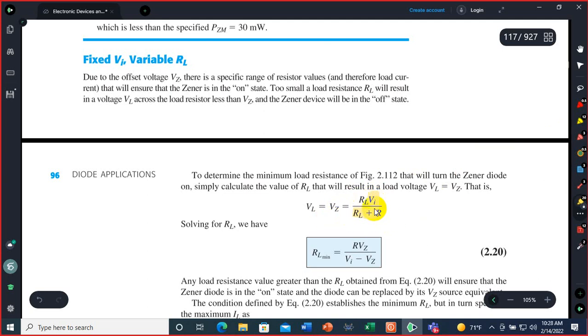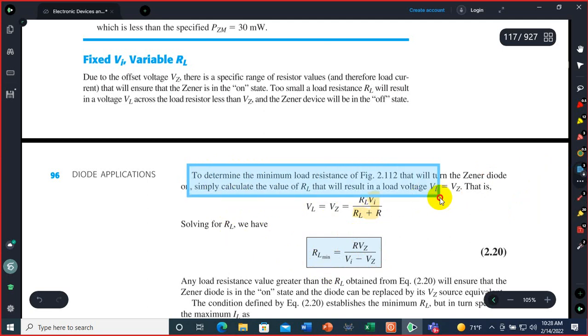So this is the I and R. Solving for RL, we find the minimum value of RL equal to R VZ divided by Vi minus VZ. That's the situation you can consider to calculate the minimum safe load resistance.